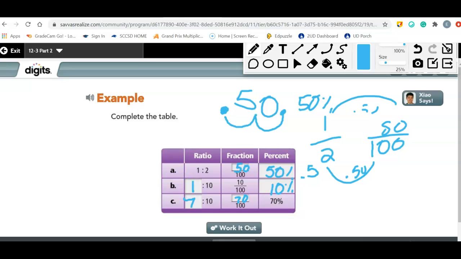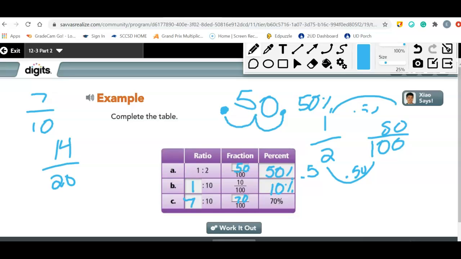Patrick. Number 10, we got it. Another one. Aiden. Perfect. 14 over 20. We multiply the denominator 10 by 2. Multiply the numerator by 2. 14 is our equivalent.